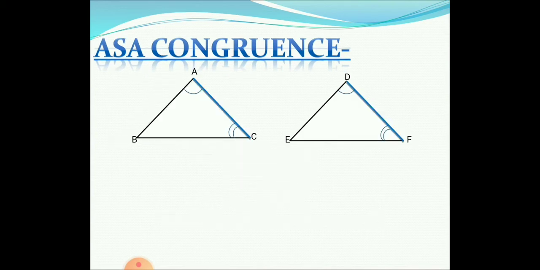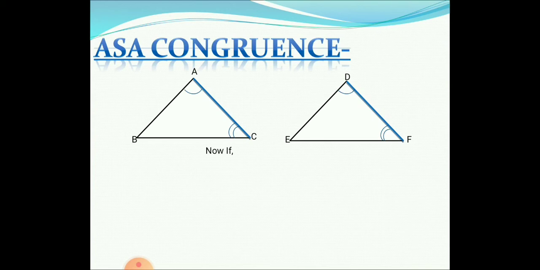Next is angle side angle congruence, meaning ASA congruence. Two triangles are congruent if two angles and the included side of one triangle are equal to the two angles and the included side of the other triangle.